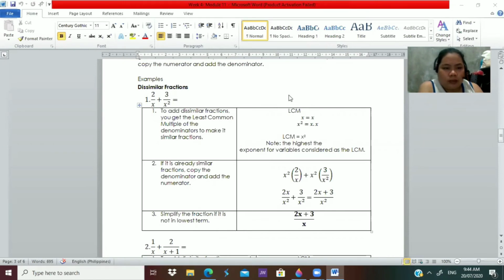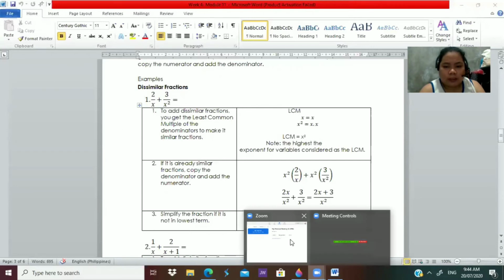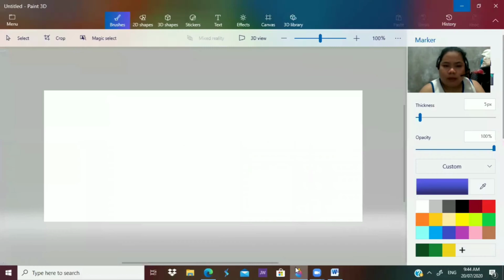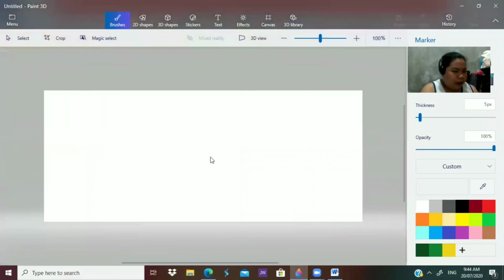So just like this one, number 1, 2 over x plus 3 over x squared. So before we solve this item, we have to recall first the process in addition of dissimilar fractions. Okay, so let me write first the given. Yung brushes ko hindi pa ata ready.